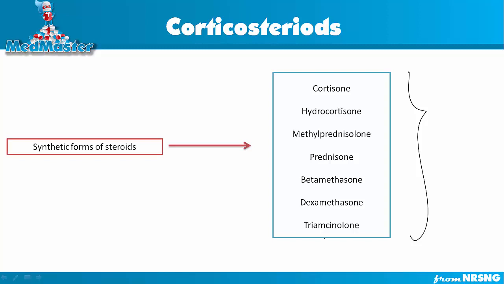These medications work exactly the same as the mineralocorticoids and glucocorticoids. Since we know the function of these, we can relate the indications, in which disease condition or specific condition we can use this medication.